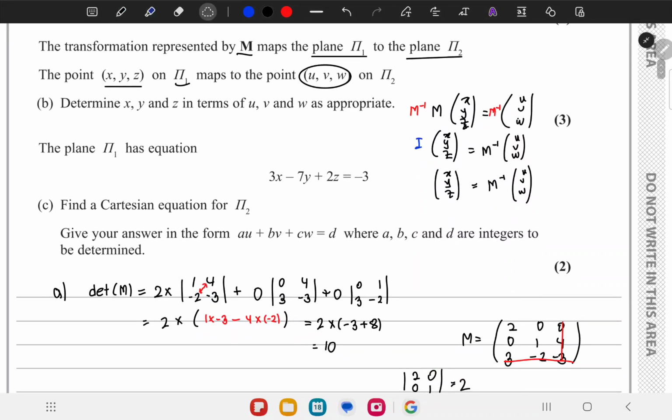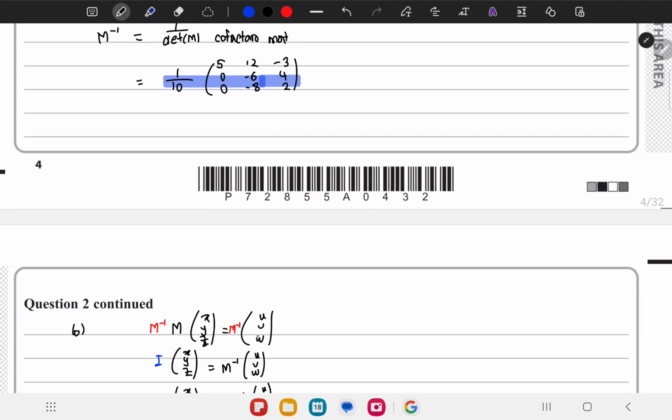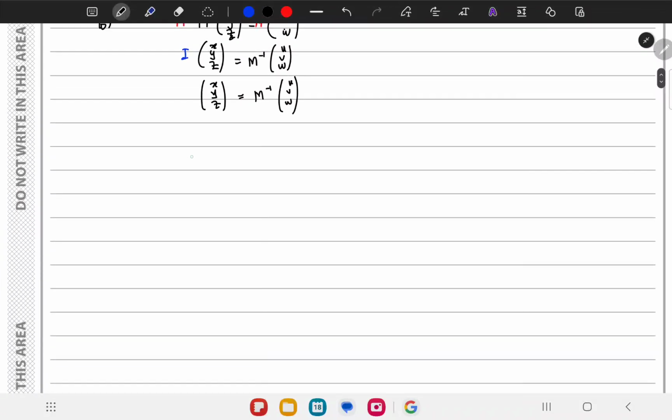But now if we continue in this approach, we know the value of M inverse over here. It's this. So x, y, z is equal to 1/10 times 5, 0, 0, 12, minus 6, minus 8, minus 3, 4, 2, and u, v, w here.